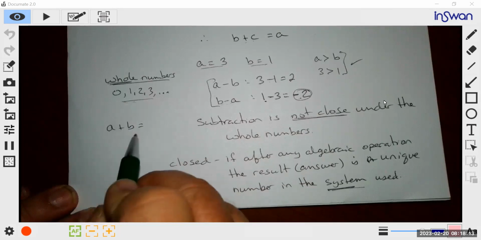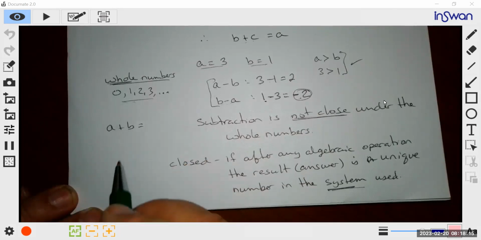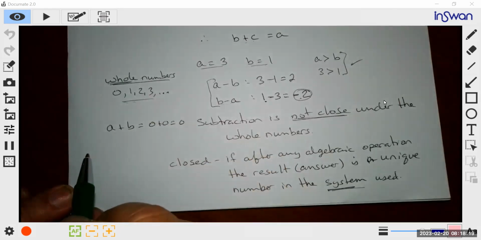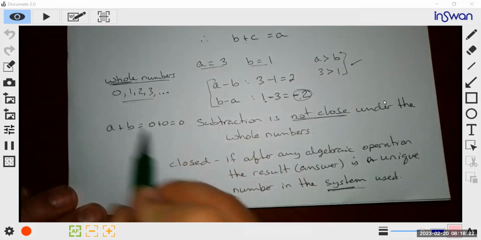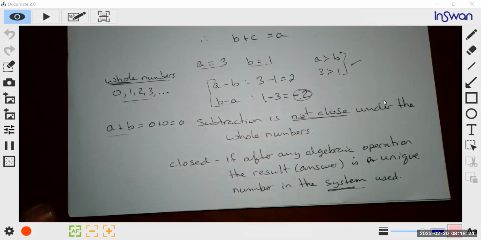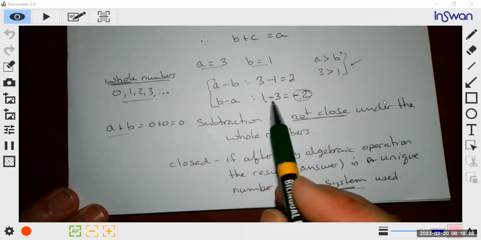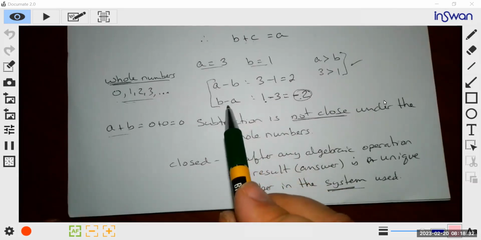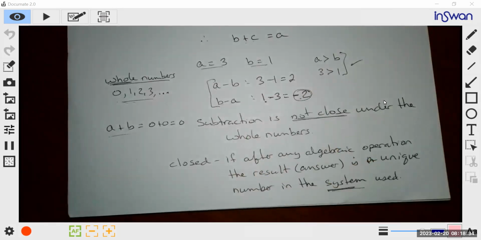If a is a whole number and b is a whole number, it means it's only positive numbers. Like 0 plus 0, is 0 a number in the whole number system? Yeah, so that means it's closed. But subtraction is not, because if we commute the numbers, it's no longer in the system. So that's why I'm saying it's not closed.